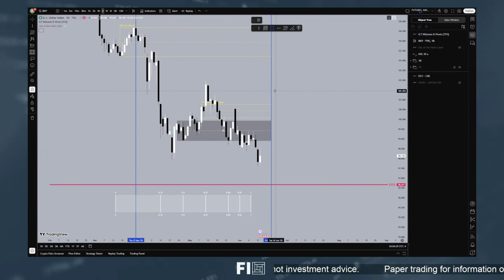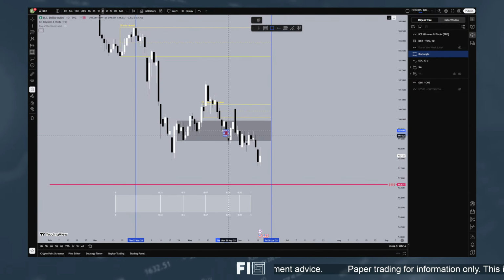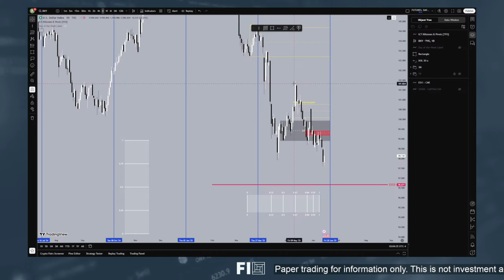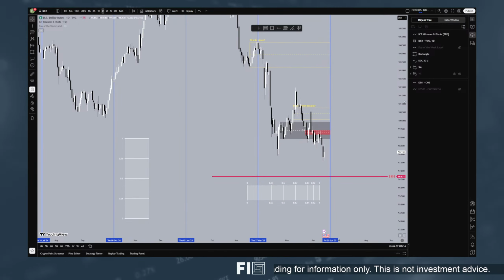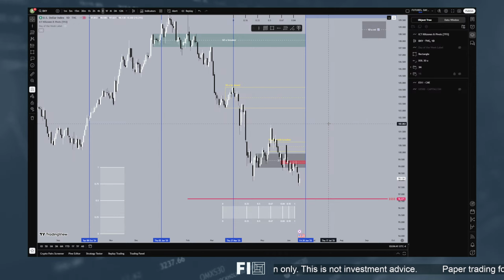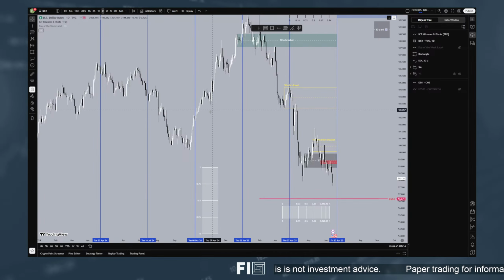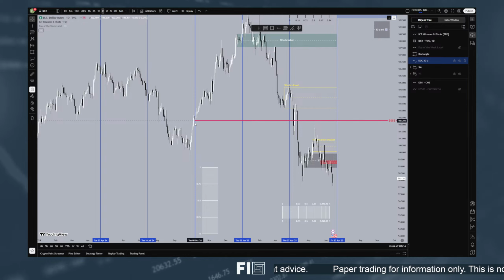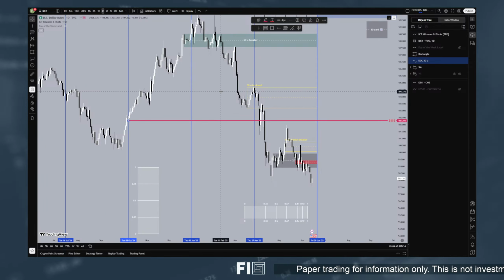Here's a gap. See that? I use that as a way to highlight what gaps will be relevant for price to use to target external range liquidity. But in this case, external range liquidity has already been left behind. This is up here. So we're really deep discount. Oh boy.